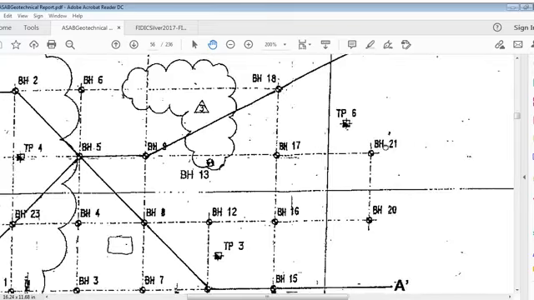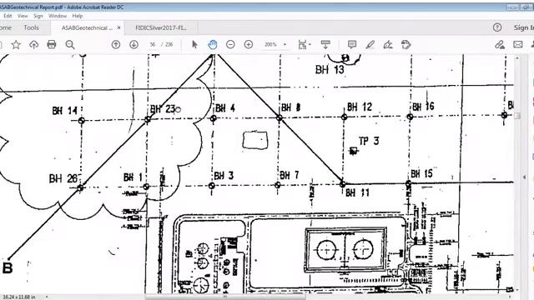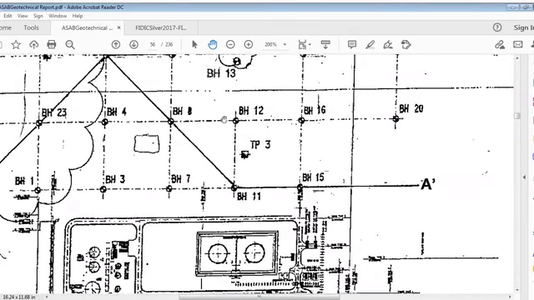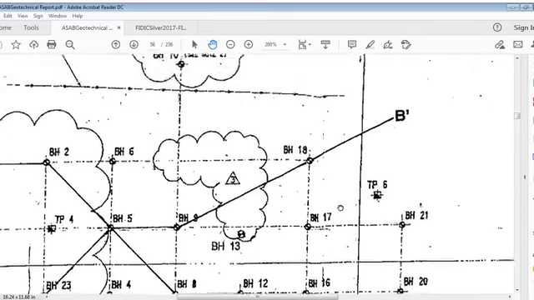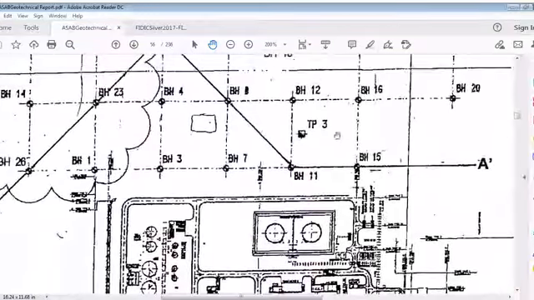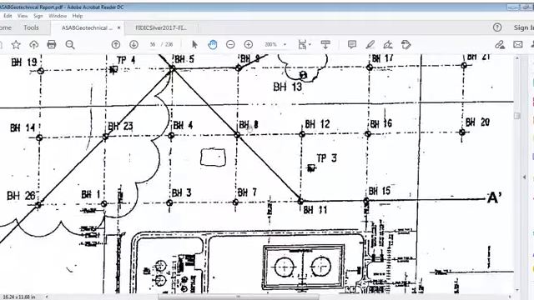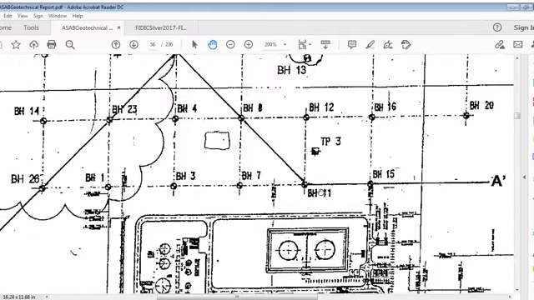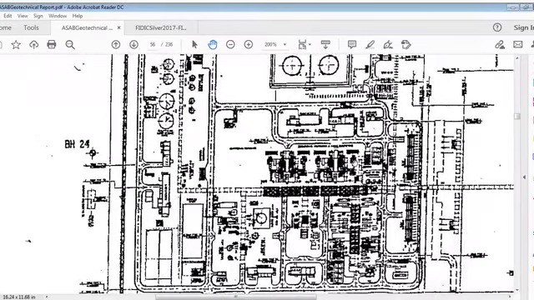BH17, TP6 here, BH13 here and BH14, 23, BH4 and 8, 12, 16 and 20, 21 and TP6. And this is 23, 4, 8, 12, and this is 1, 3, 26, 1, 3, 7, and this is your plant, so we have 24 here.